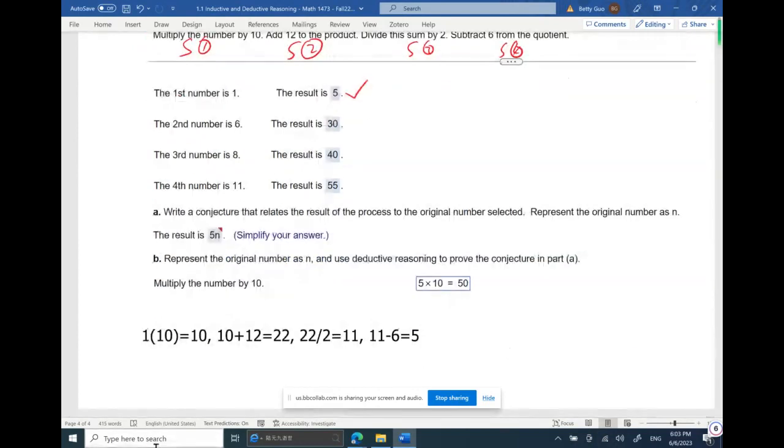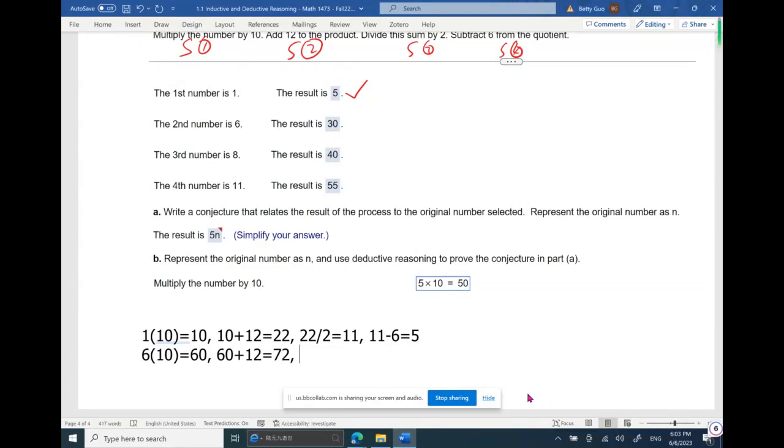Second number, excuse me. The second number that is given is 6. We do the same thing as earlier. First step is multiply by 10. We have 60 as the product. Second step is to add 12 on top of the product. So 60 plus 12 equals 72.